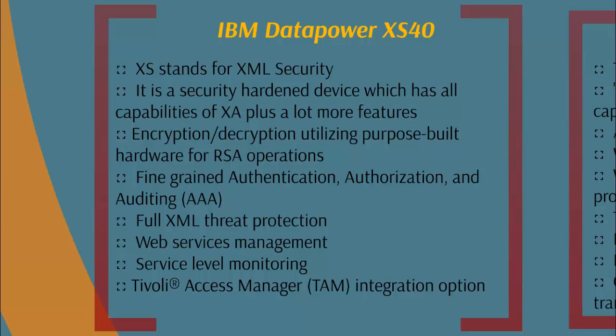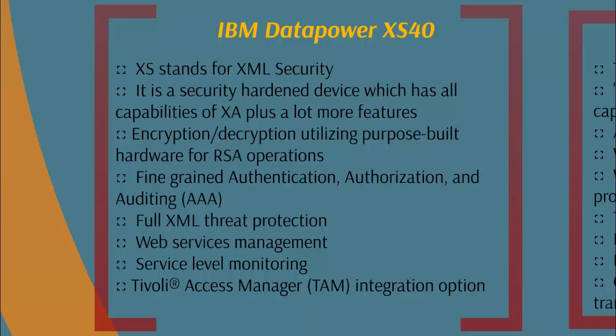Usually when you do RSA encryption, or when you do cryptography in your software modules, it is the software which is doing the cryptographic operations. But in Datapower, you can just see how fast it is, and it is because it is being done in purpose-built hardware and firmware that comes with the Datapower device. So the speed at which that encryption decryption happens is amazing in Datapower.